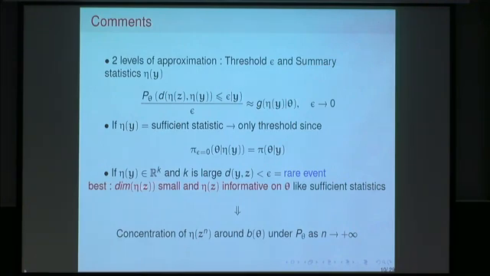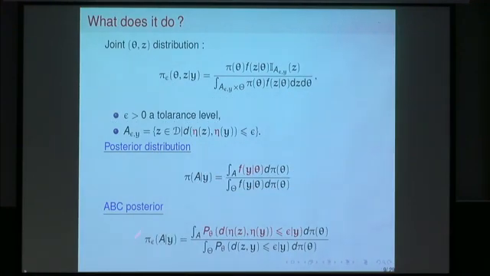But if eta z is very low-dimensional, then you tend to accept a lot of the time, but you will have lost a lot of information from the data. And so you want to find a good eta z such that you don't lose too much information, but at the same time it's not too high-dimensional, because otherwise you'll never accept, and your algorithm is going to be very inefficient. But it's approximate, so we're not recovering the true posterior, but we're recovering this sort of ABC posterior.